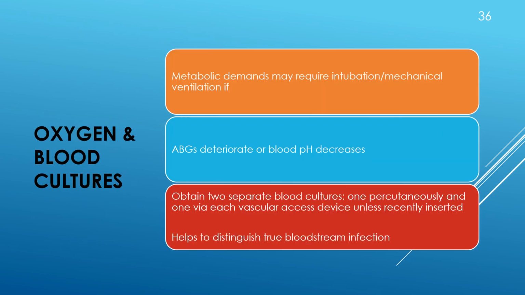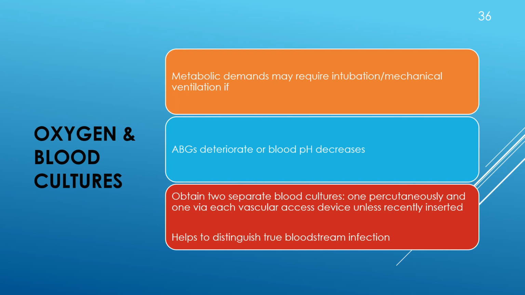With these patients, they're really sick, and their metabolic demands because of their illness may require intubation and mechanical ventilation. That is why you really need to monitor the patient with ABGs. You need to look to see if the pH decreases and if the PCO2 climbs.